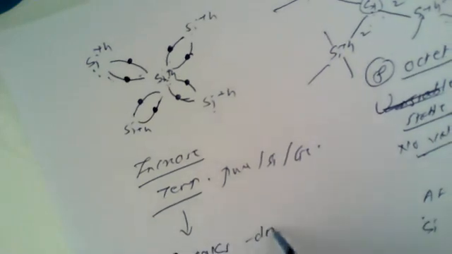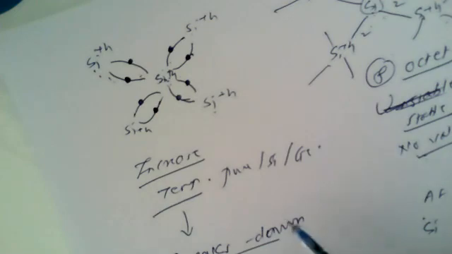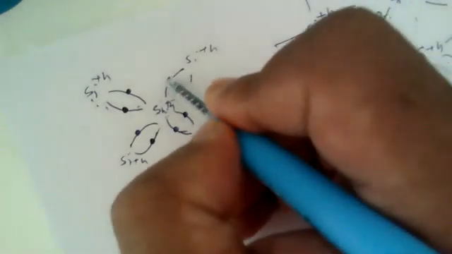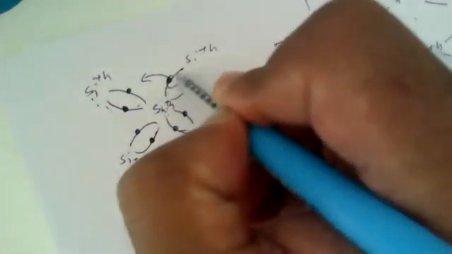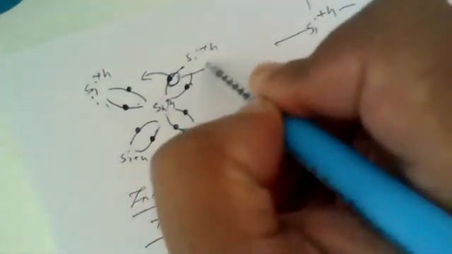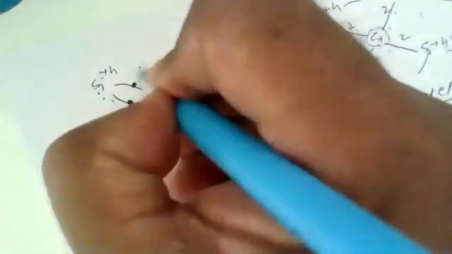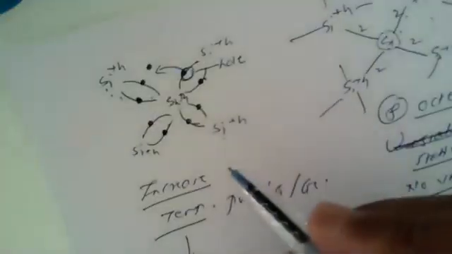Because of the breaking of the bond, say for example, this electron moves inside the crystal, and this creates a vacancy that we call a hole. So this electron now moves inside the crystal.